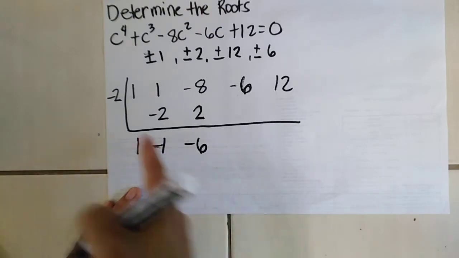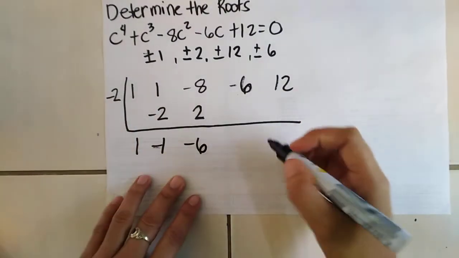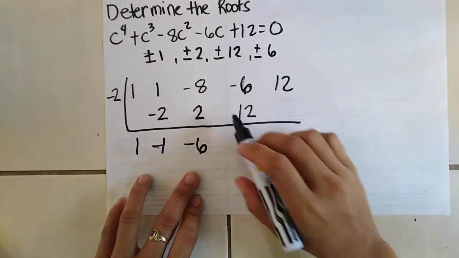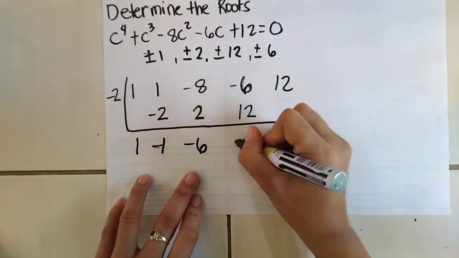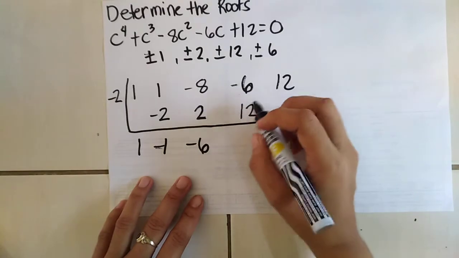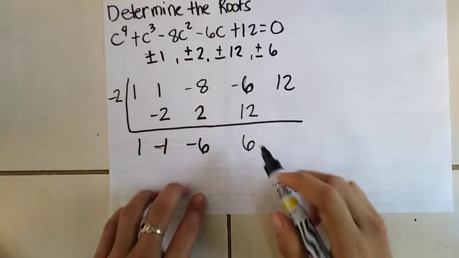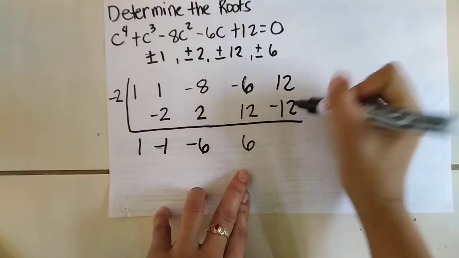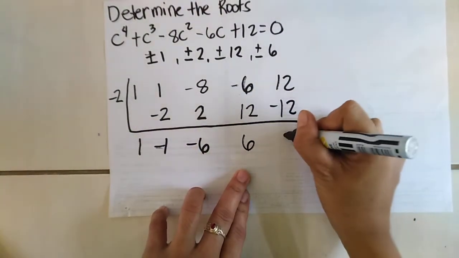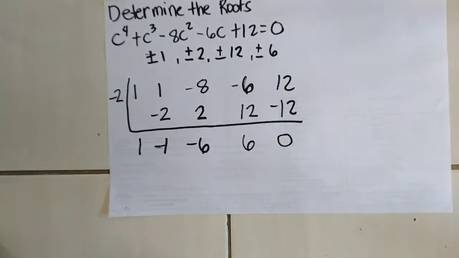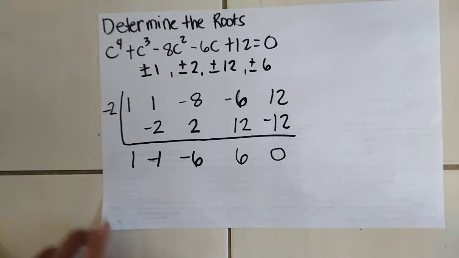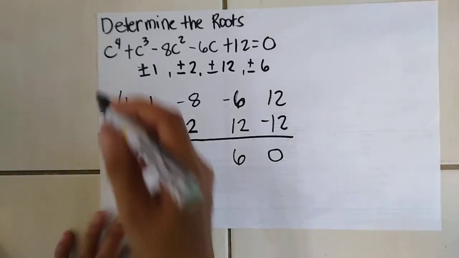Then negative 6 times negative 2 is positive 12. So negative 6 plus positive 12 is positive 6. Then 6 times negative 2 is negative 12. 12 plus negative 12 is 0. Okay, so look at our remainder, 0. Therefore, negative 2 is our root.